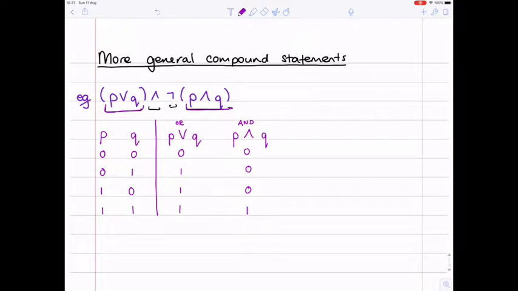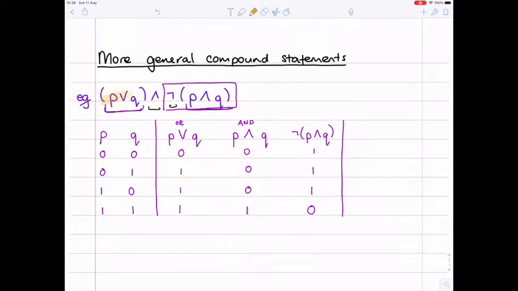But in fact, in this sentence, we're going to need not P and Q. So remember, negation just changes everything that's true to false and false to true. So not P and Q is going to be true for every case except when both P and Q are true.